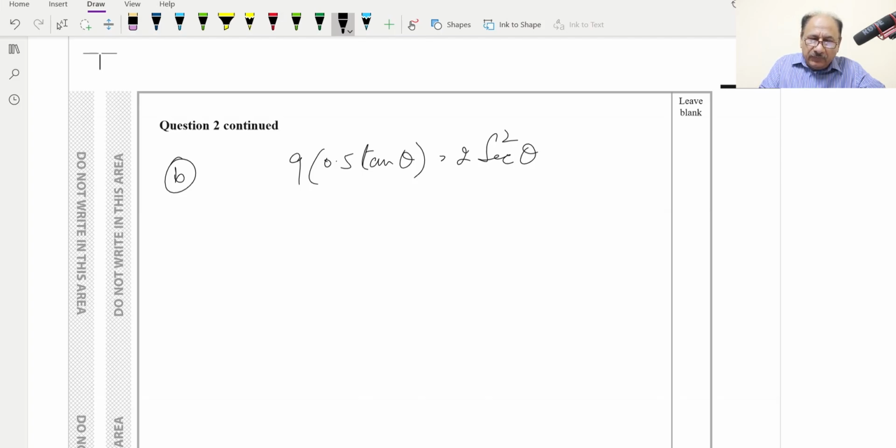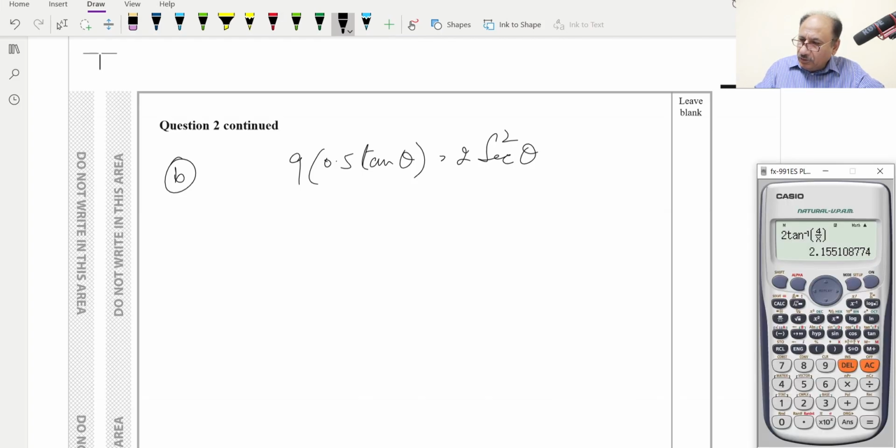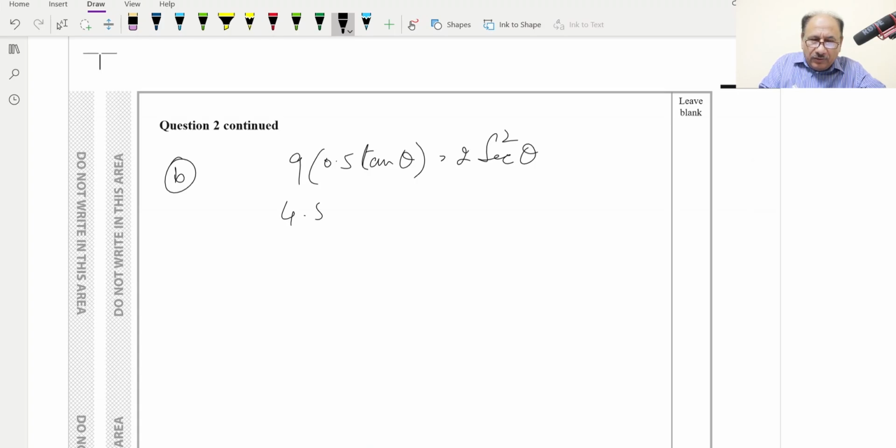Now we can multiply 9 with 0.5. 9 multiplied by 0.5 will be equal to 4.5. So we can write 4.5 tan theta is equal to 2 into (1 plus tan square theta), because 1 plus tan square theta is equal to secant square theta.